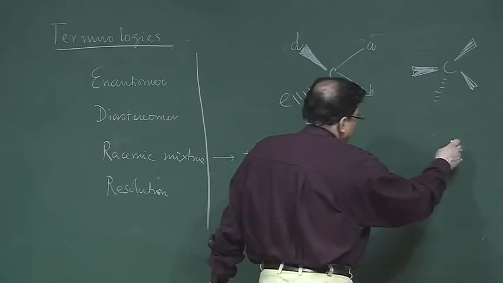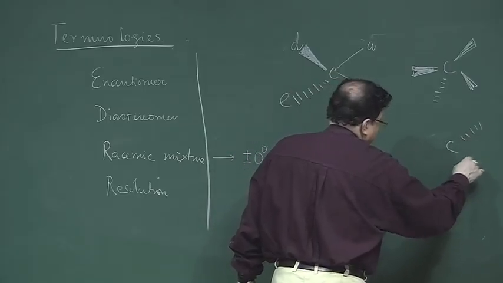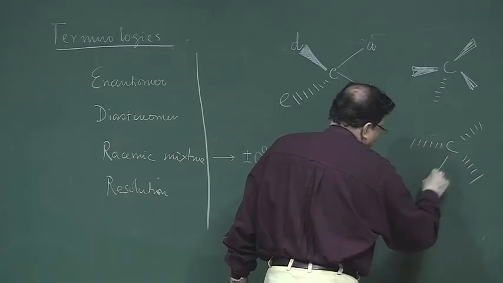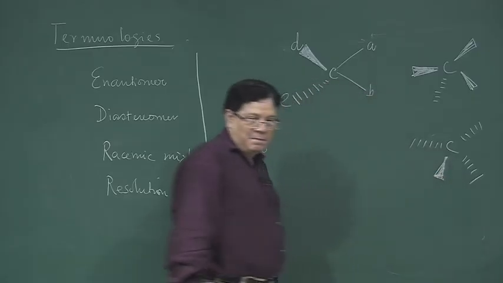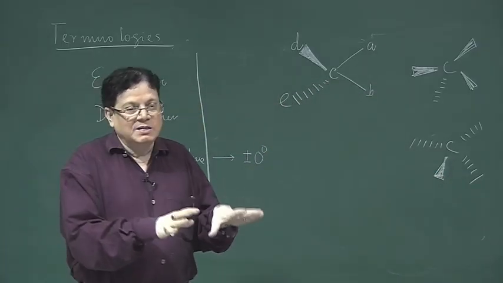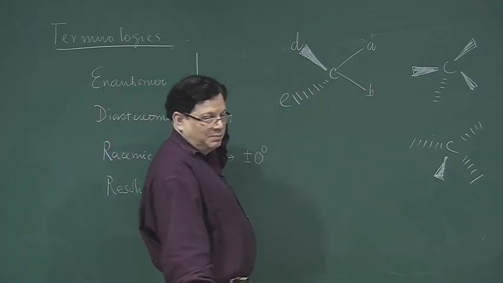And there is a third option, that 3 bonds are below the plane and the fourth bond should now be above the plane. So, these are the 3 situations, and all 3 can be shown in this perspective formula.